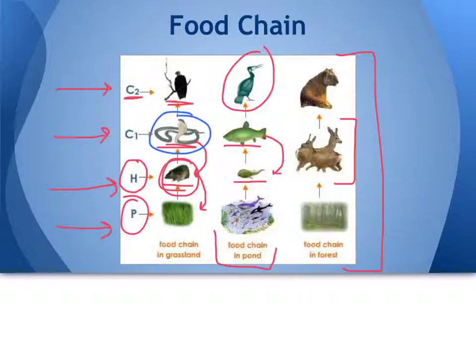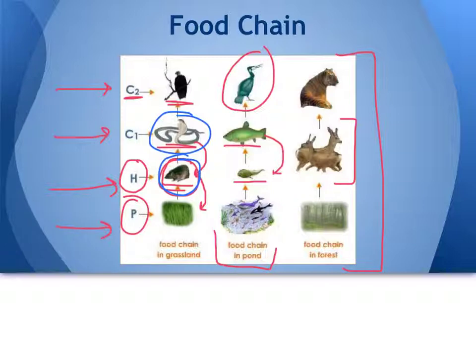This snake eats many more things than the mouse, and likewise, the mouse is also the source of food for a number of organisms, not just the snake. Maybe some hawks eat the mouse itself. Maybe some fox eat that mouse. A number of organisms eat the same types of food items. So a food chain is only a simplified and really an incomplete representation of feeding relationships in a community.